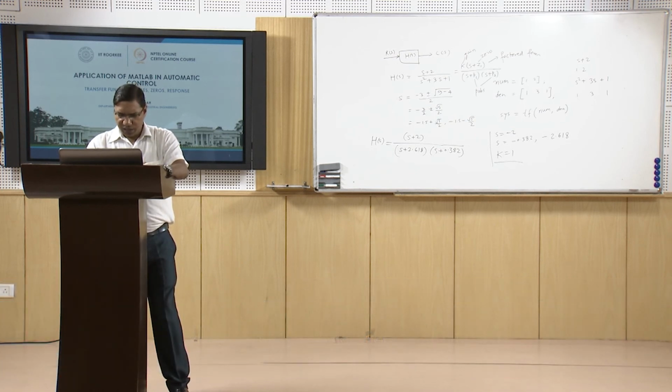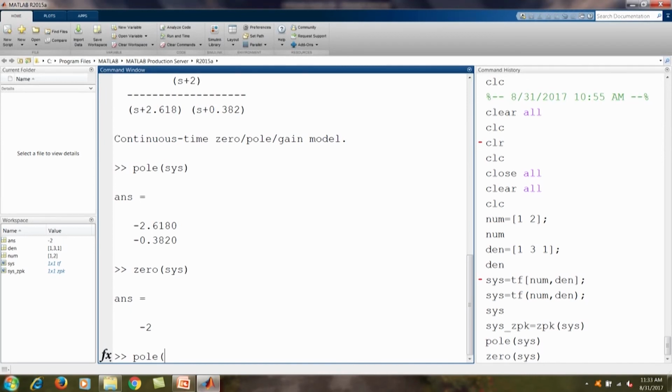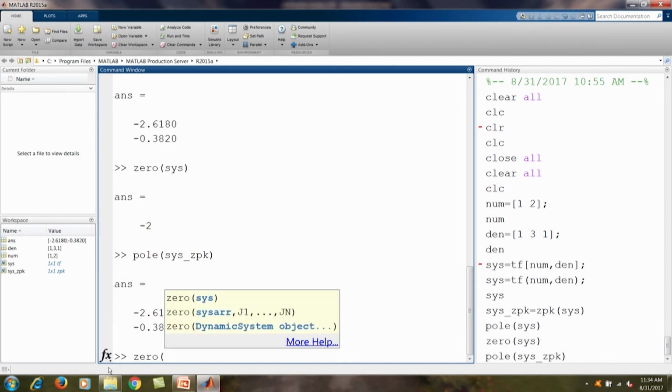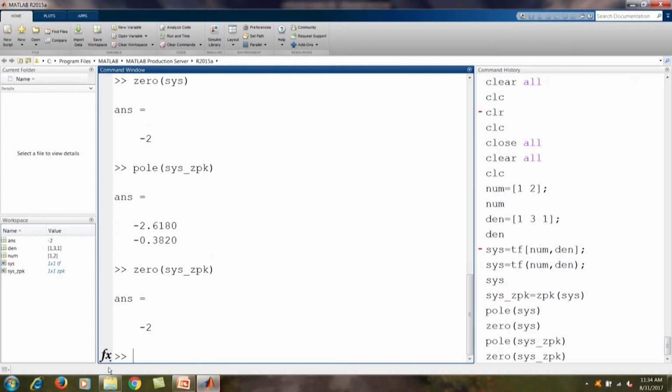So if we say pole of sys underscore ZPK, we can again get the pole. So in either form, the transfer function form or factored form, if we give the pole command, we will get the poles, and if we give the zero command, we can get the zeros. So that is minus 2.